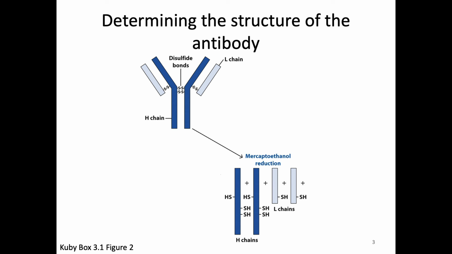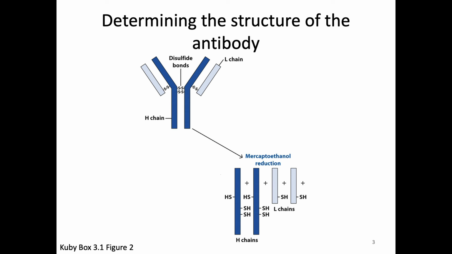But if that chemistry word reduction scares you, the thing you can know about beta mercaptoethanol is that it breaks disulfide bonds. It breaks disulfide bonds. And so they treated antibodies with mercaptoethanol to break disulfide bonds.